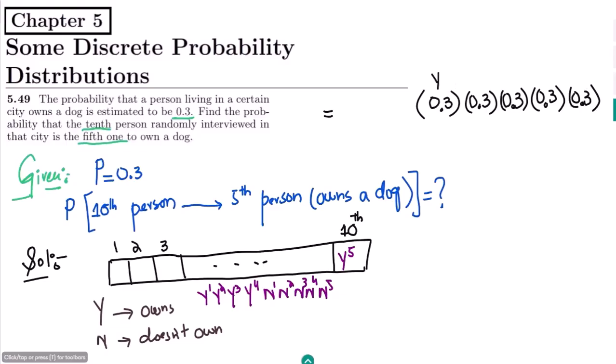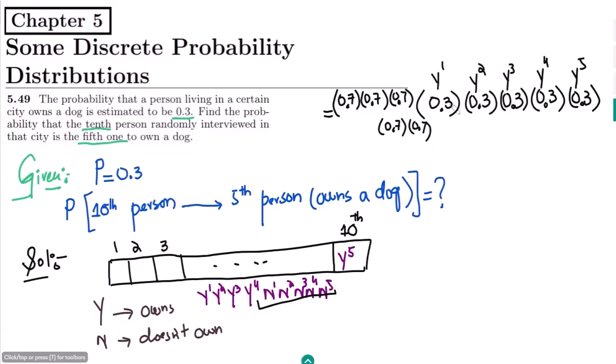Because this is Y1, Y2, Y3, Y4 and Y5, and multiplying them all together we get the probability for all the persons who own a dog. For the others we also have to multiply their probability, which is 1 minus 0.3, so 0.7, 0.7, 0.7, multiplied by 0.7 and 0.7 as well.